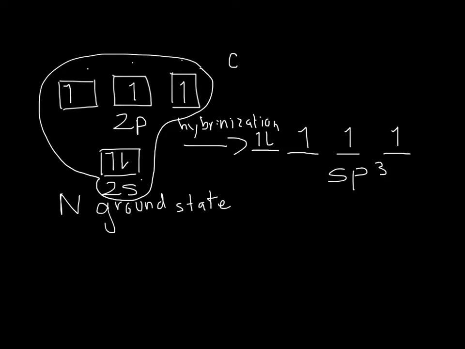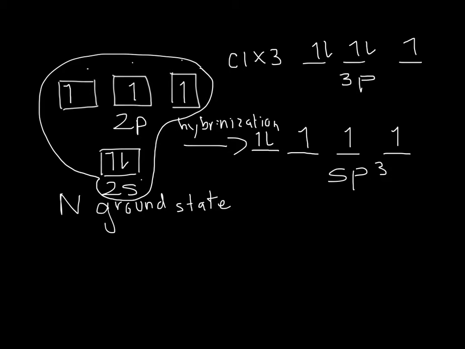For chlorine, we have 3 chlorines, so we're going to multiply this by 3, and the electron configuration of chlorine in the, I'm sorry, not 3d, the 3p will be 1, 2, 3, 4, 5.